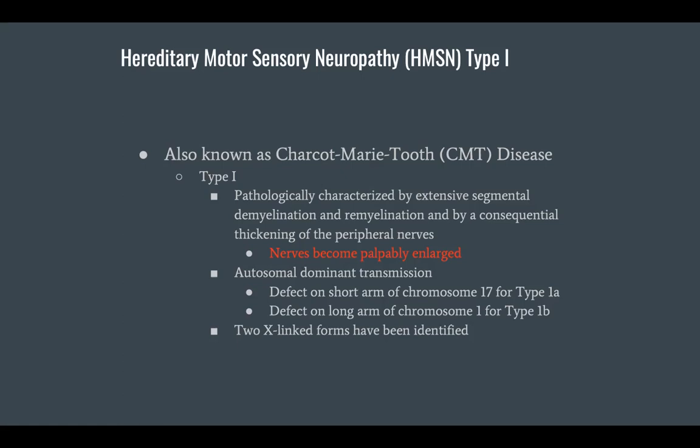Charcot-Marie-Tooth disease, there's type 1 and type 2. Type 1 is worse than type 2. So there's going to be this demyelination, remyelination pattern. And so the nerves become palpably enlarged. It's kind of similar, in my mind, to bone.